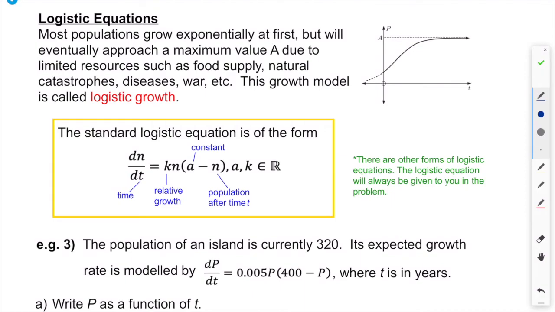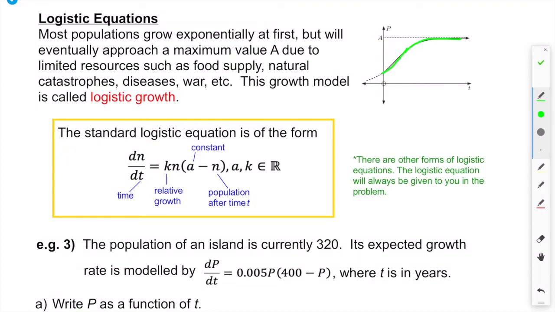In logistic growth, as you can see on the graph here, it begins by following an exponential model, but eventually, because of these external factors, the population growth will taper off, slow down, and then usually approach a maximum level, so to speak. Okay, so that's what a logistic growth would look like.